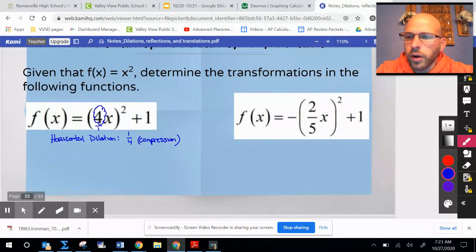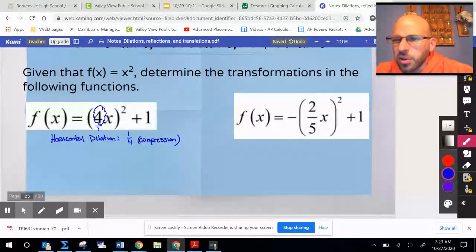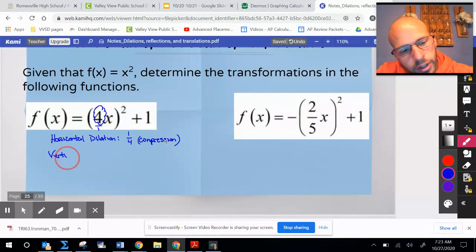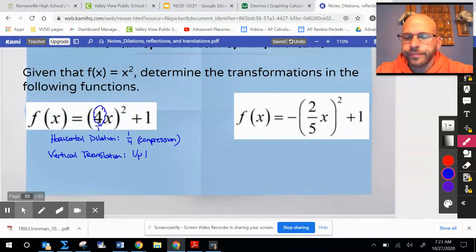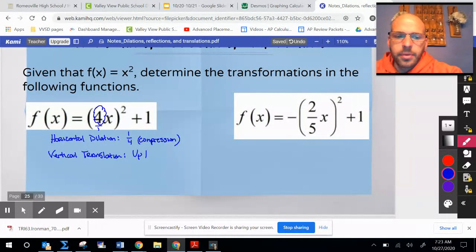Which is a compression, 1/4. 1/4 is 0.25, okay? We also have a vertical translation up 1, okay? Let's keep going.